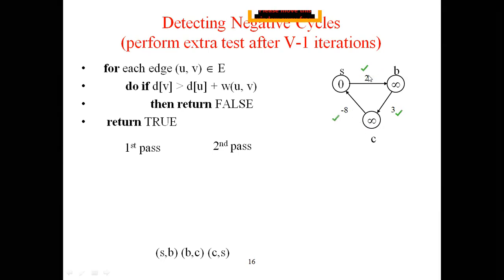Now sum all the weights: 2 plus 3 is 5, 5 minus 8 is minus 3. So minus 3 means that is a negative cycle. We can move from S to B, B to C, C to S. That is a cycle, and if you sum all the edge weights in this cycle, you get the value minus 3.